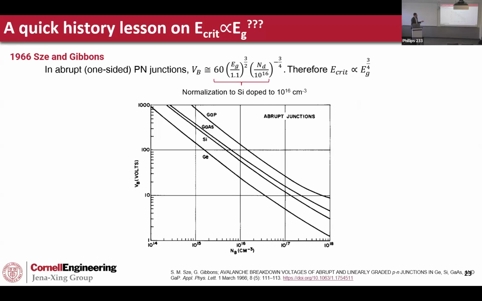Knowing that the electric field is related to the square of voltage, then you can see that the critical field is roughly equal to 3/4 of the band gap. If you double the band gap, you get 3/4 benefit in terms of E-crit.